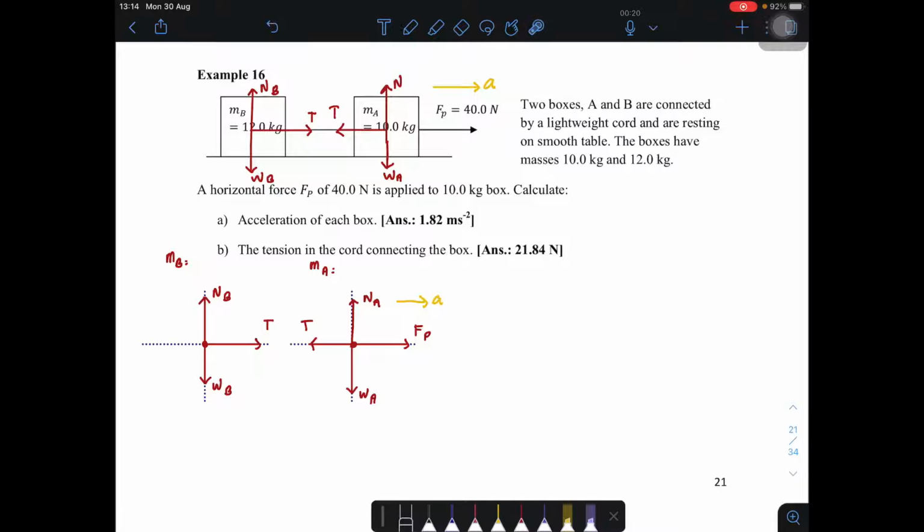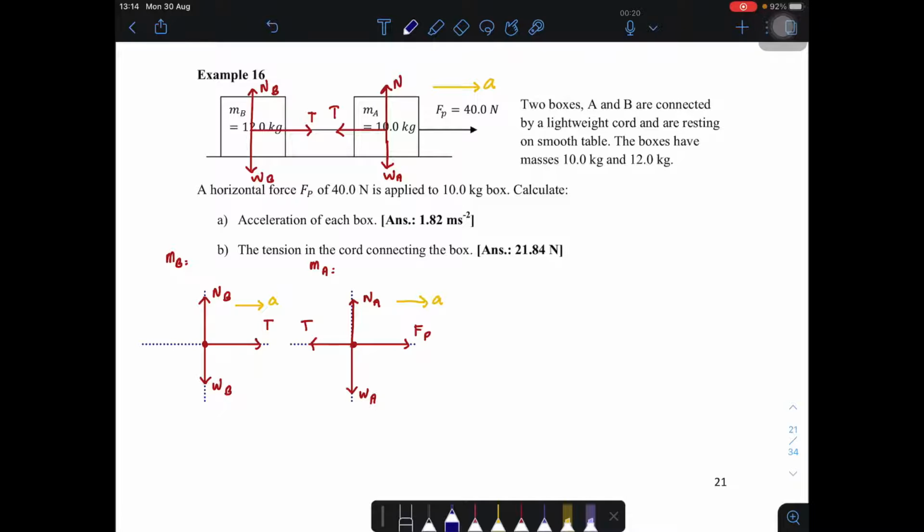Since they are connected by a cord, if there is a force pulling, both will move. So this one also has acceleration going to the right. Since they are connected, the acceleration will be the same for both.